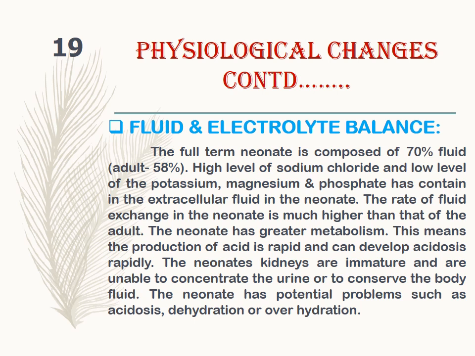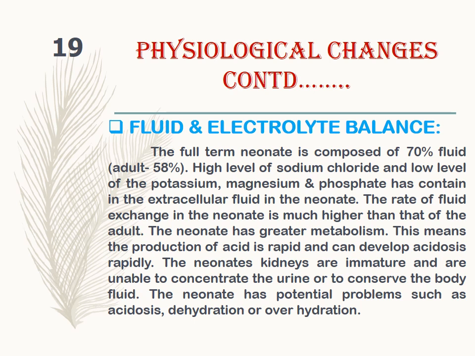The full-term neonate is composed of 70% fluid, whereas in the adult it is only 58%. There is a high level of sodium chloride and a low level of potassium, magnesium, and phosphate contained in the extracellular fluid in neonates. The rate of fluid exchange in the neonate is much higher than that of the adult.